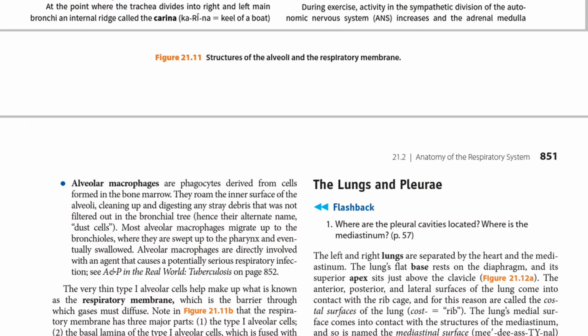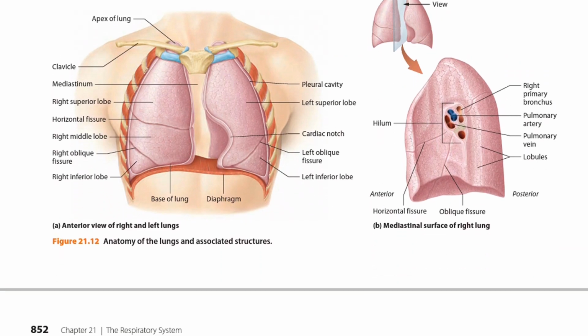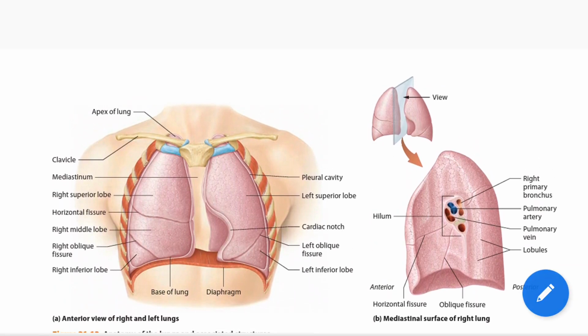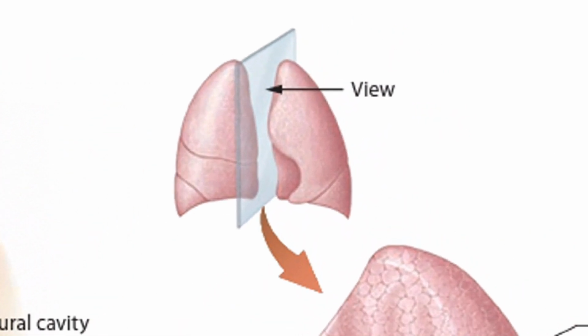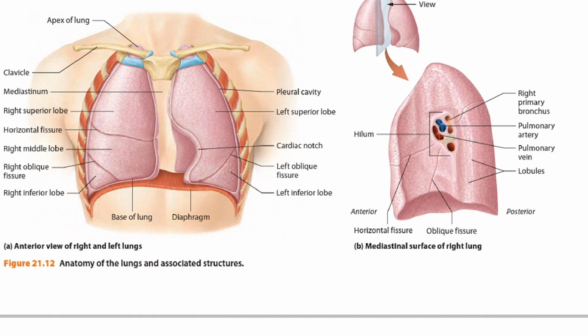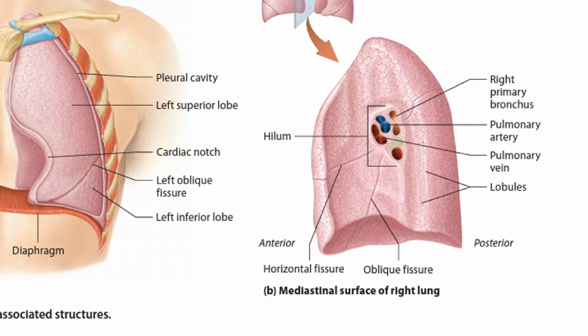Now the 8th point. This is also a very neat figure. You see the exact position of the lung, then the lobes, then the mediastinum, clavicle. Everything is shown. Here you see the mediastinal surface of the lung.